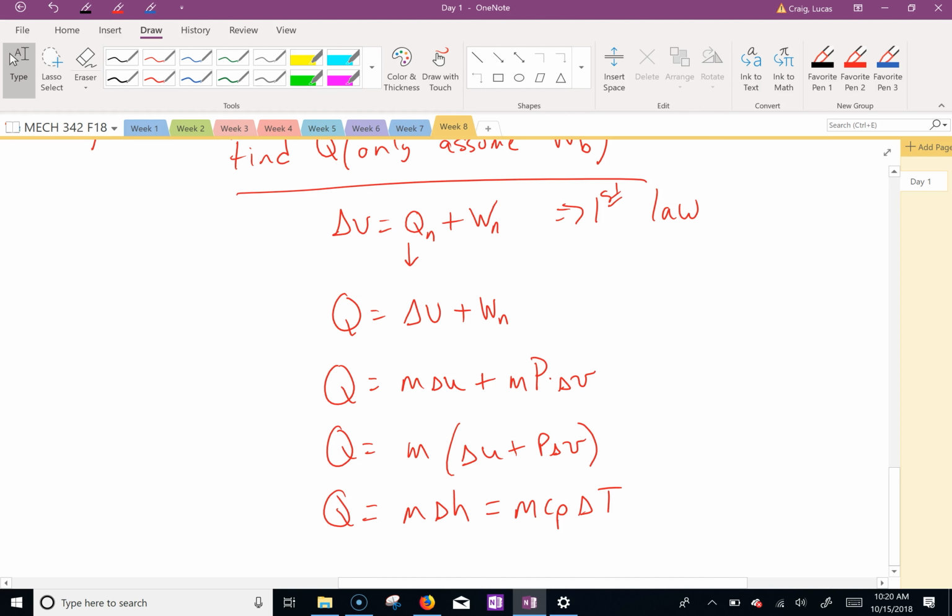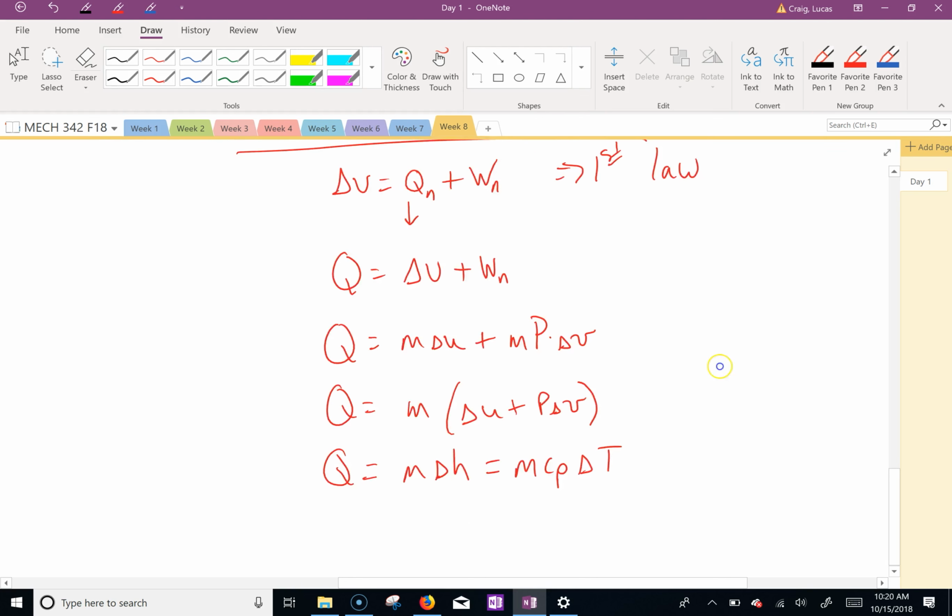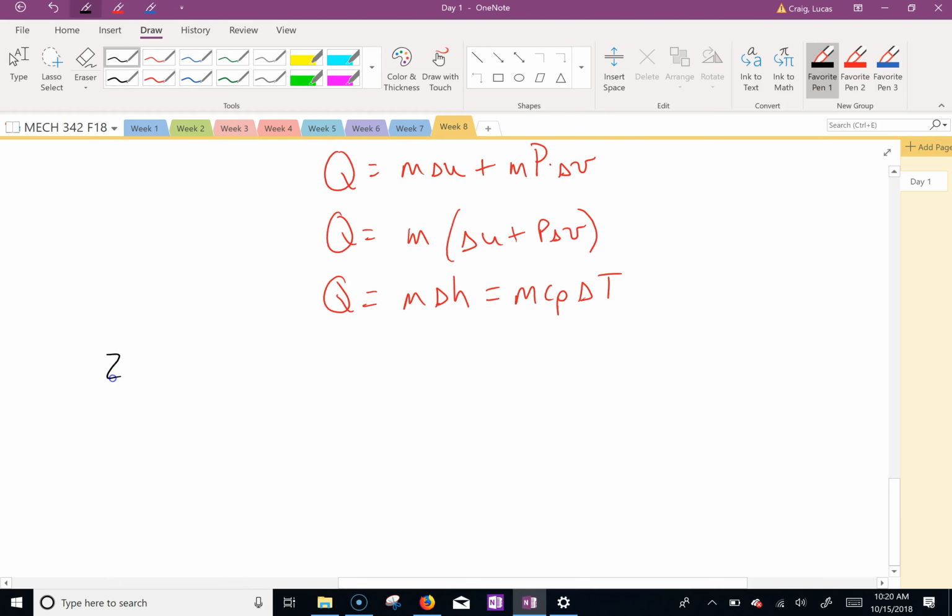What's the next process on the cheat sheet? Volume. So number 2. Did I put what that process is called? I think I've talked about it a million times. Isometric.